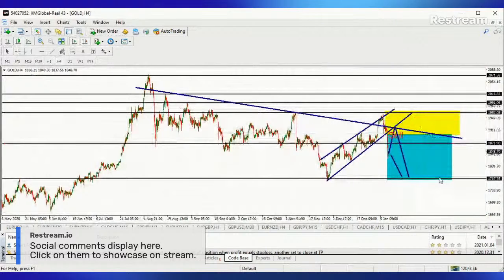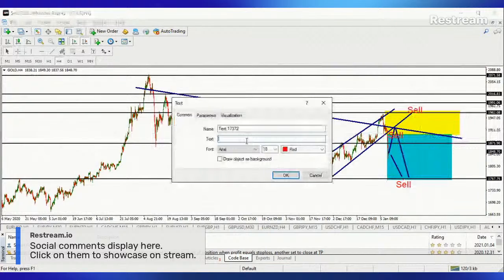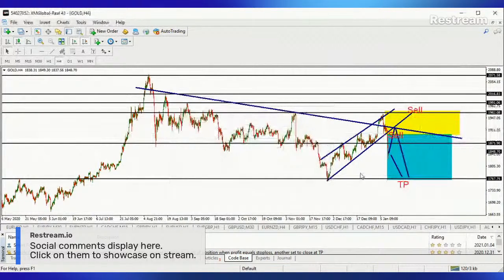So I can do this. Take profit there, and your stop loss is here.